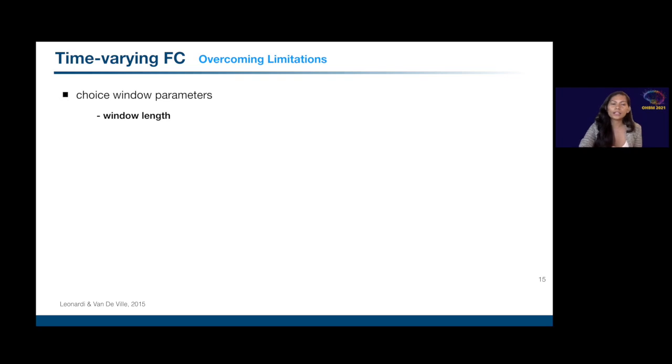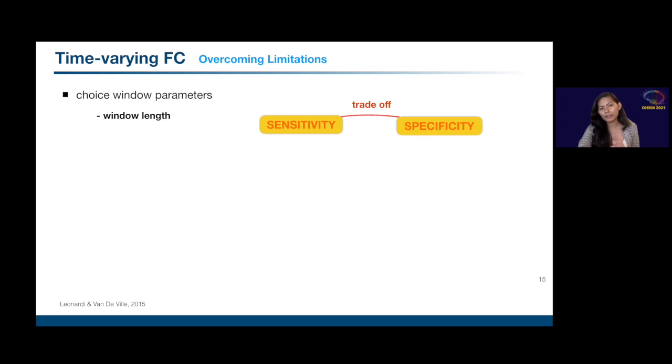Depending on the length that we use, there's a lot of information that we can either get or miss. Therefore, we have to obtain the optimal window length that gives a proper trade-off between sensitivity and specificity, which means that we need a window that is short enough not to miss the real functional connectivity fluctuations.